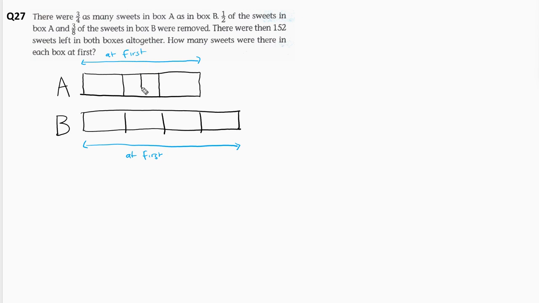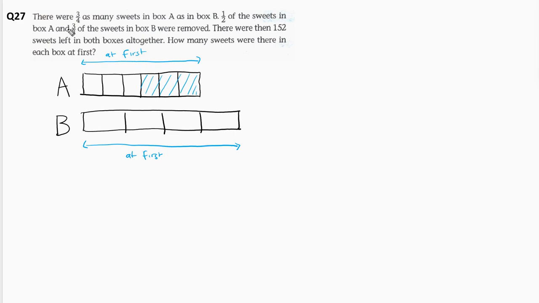This is where half of box A is, and that means I've split this part in half. I'm going to do the same here. Now I'm going to shade in what is half. That's half of the sweets in A removed.